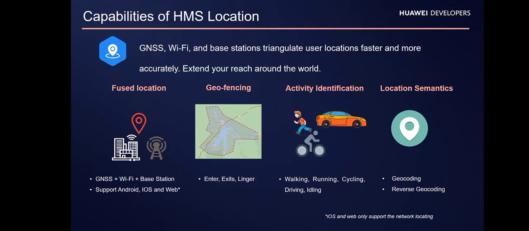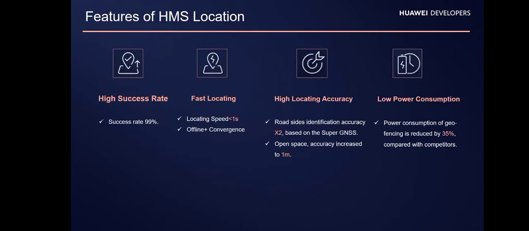Here is a pictorial representation of HMS Location Kit capabilities. The features of Location Kit are high success rate, that is around 99%, fast locating, that is less than a second, high locating accuracy, and low power consumption.